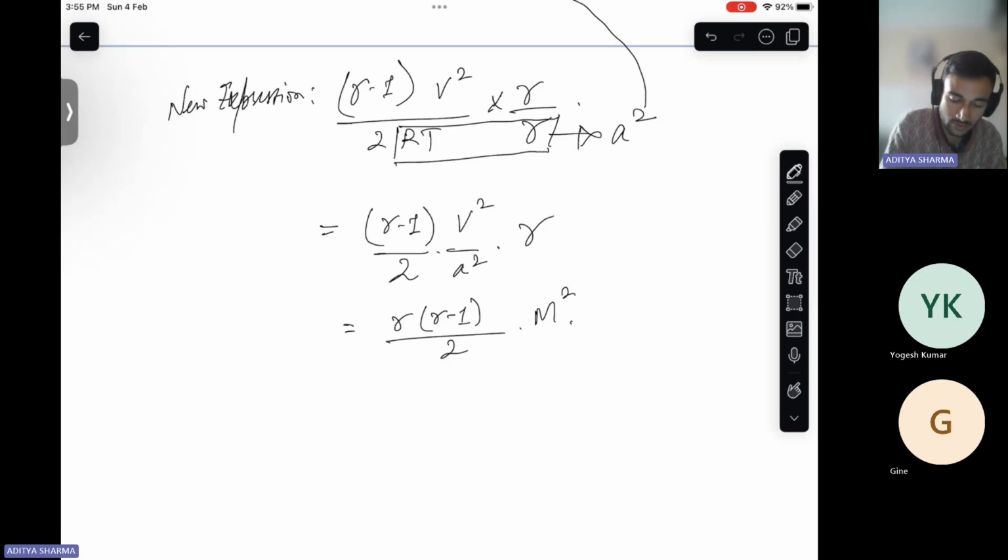Which is nothing but 1.4 into 0.4 divided by 2 into 5 square. Now please work this out. Answer is 7. All right.